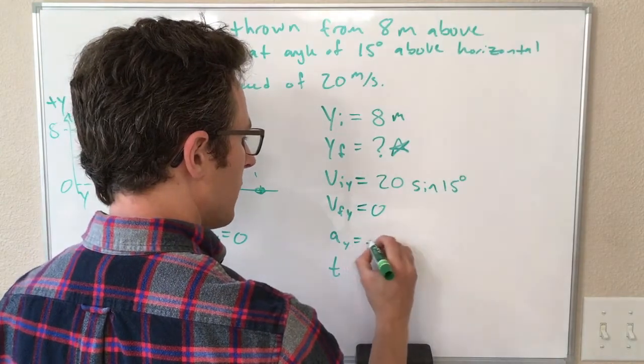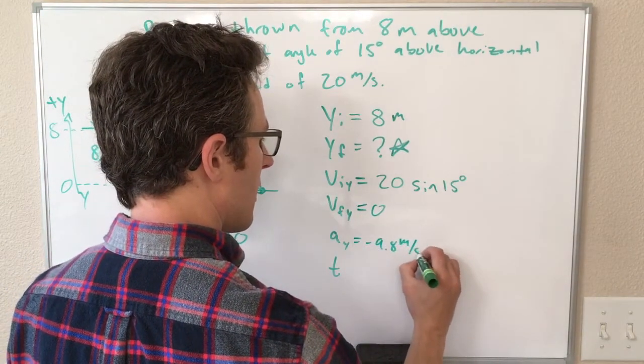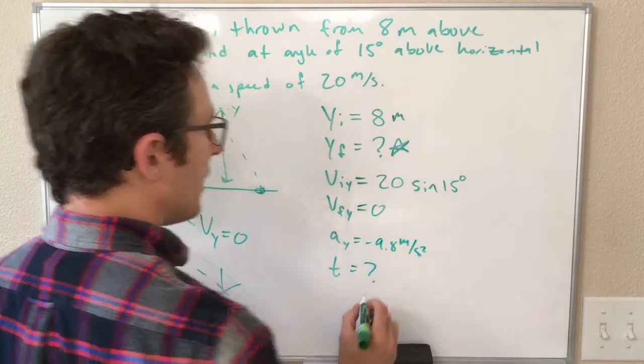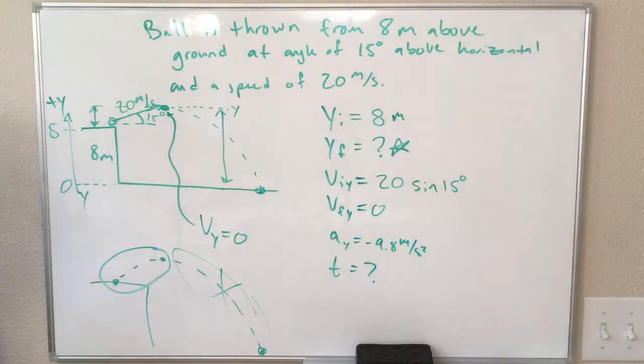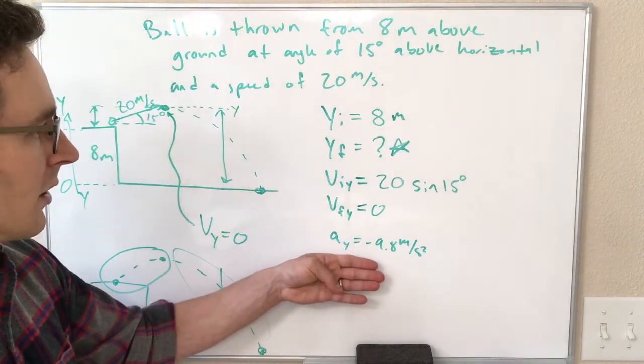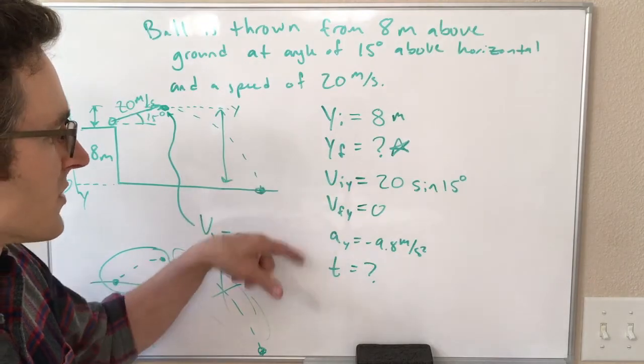Ay is equal to minus 9.8, as it often is. And our time, we do not know. So we know enough to solve this problem. Time is the one we don't care about here. We want y final, and we know all the rest.